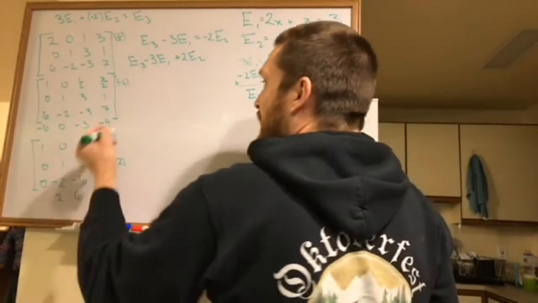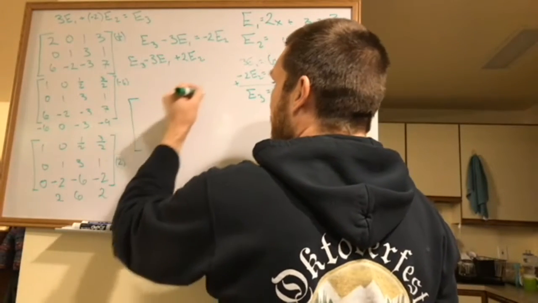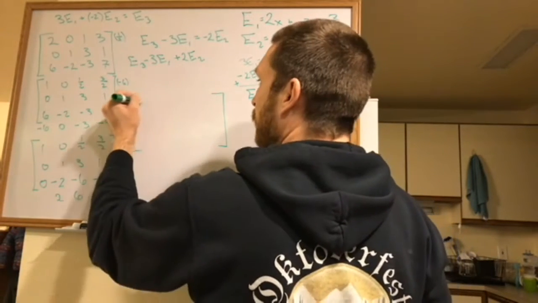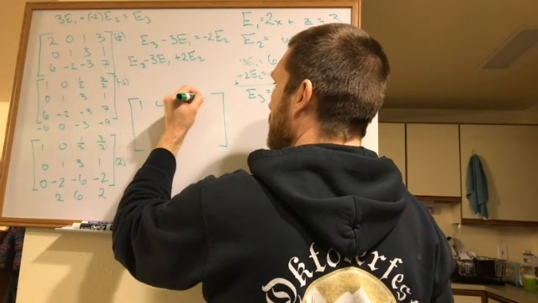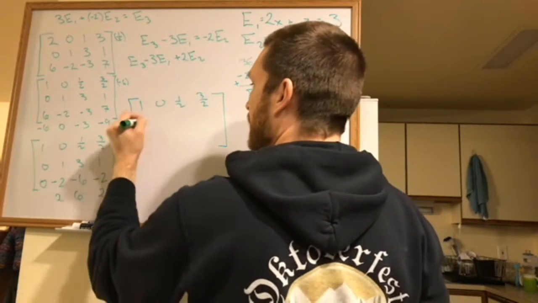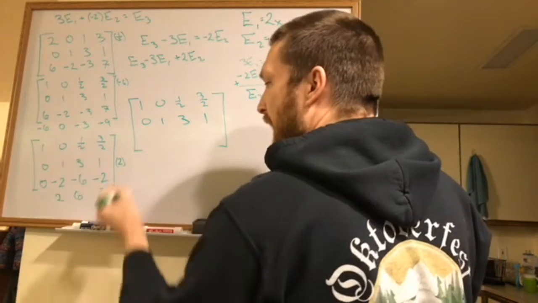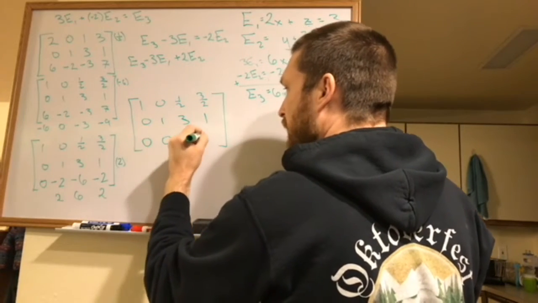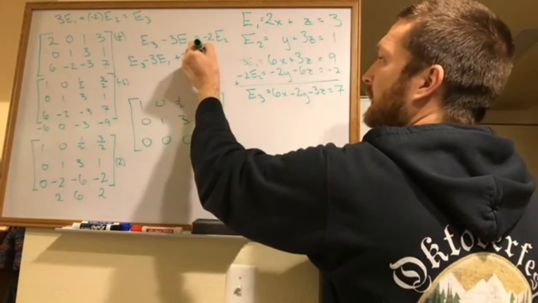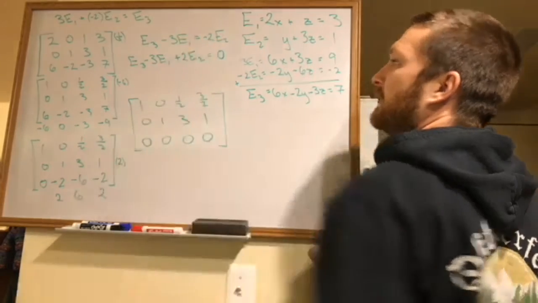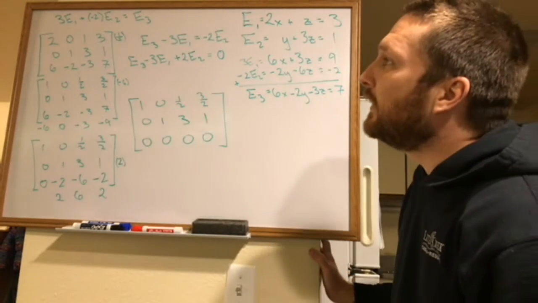Now let's see what we get. Well, you could already guess, right? We have 1, 0. That guy has not changed. This guy is not changing. And now when I do that, I get 0, 0, 0, 0. And indeed, yeah, that should be a big fat 0 right there, right?